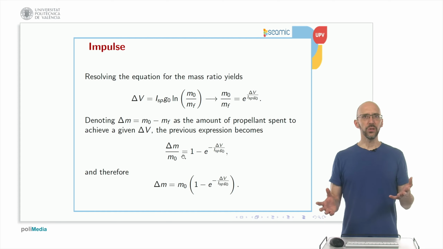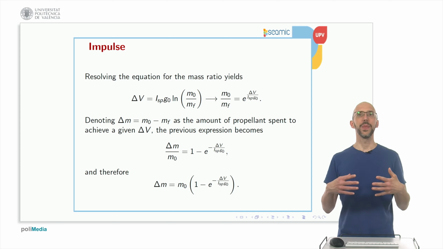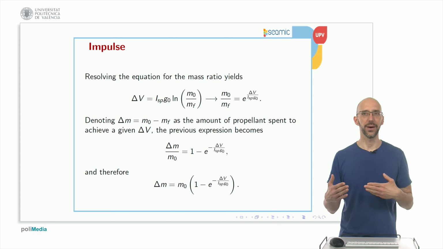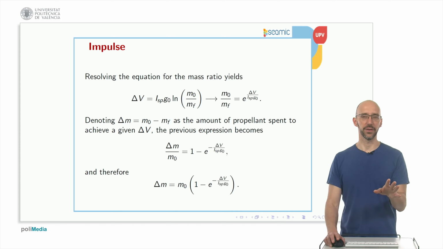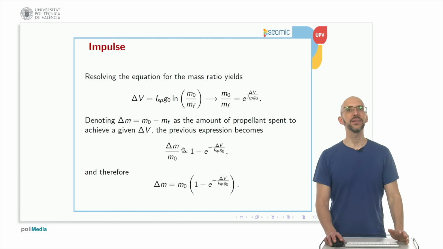But at this point, we have the initial mass and the final mass. I would like to know the change of mass I'm going to need, and remember that this is only propellant mass. So I can write this expression, calling delta M the initial mass minus the final mass, and this equation can be written like this.